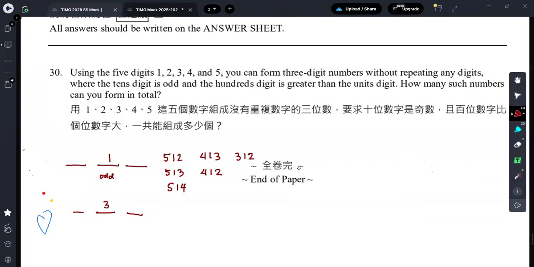So of course we cannot have 3 in here. You can only have 2, 3, 1.